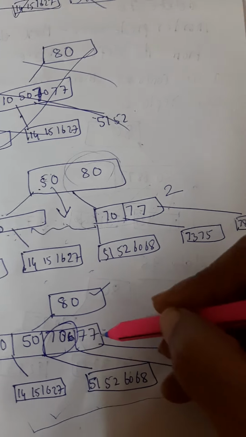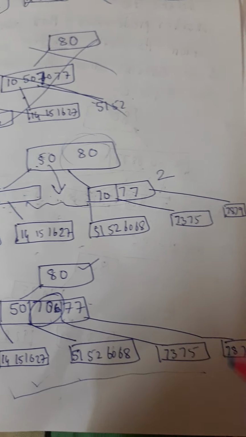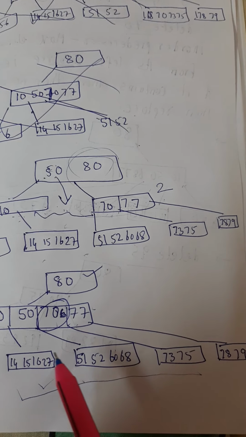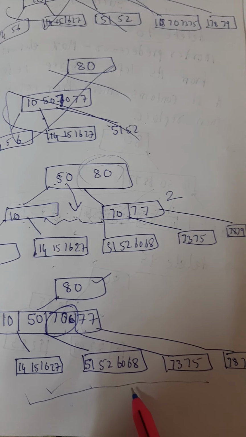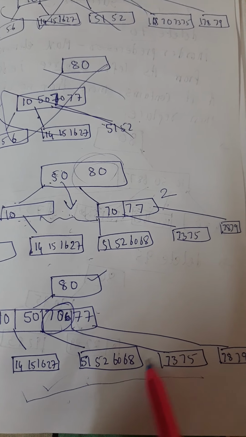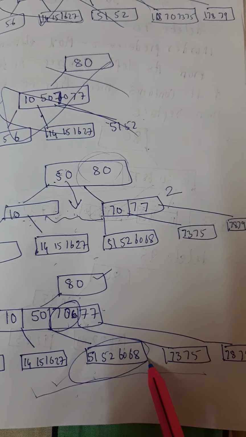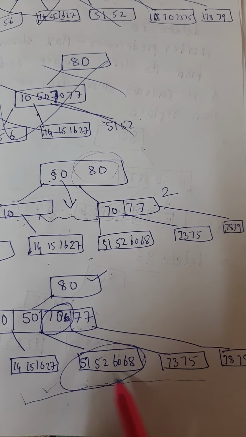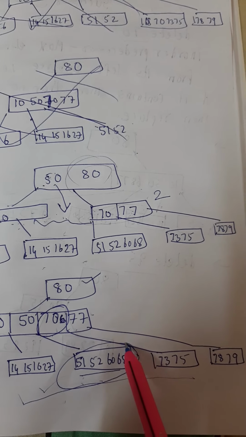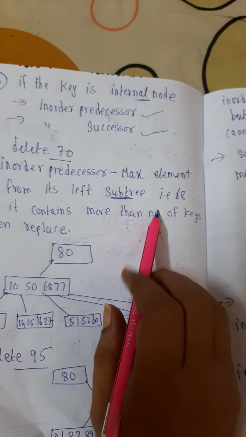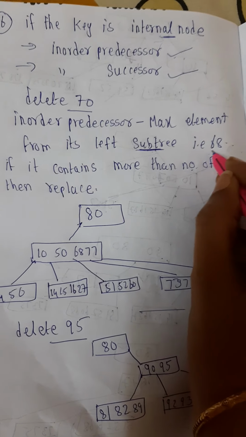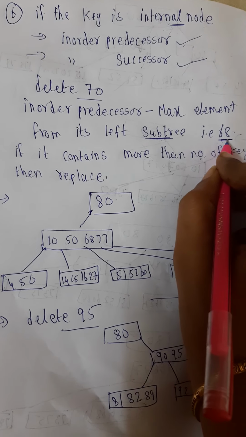So 70 you have here. This is the 70 left subtree. In the 70 left subtree, we have to see which is the maximum element. What is the maximum element? It is 68. So the maximum element is 68. Now with this 68, we have to go for replacing.